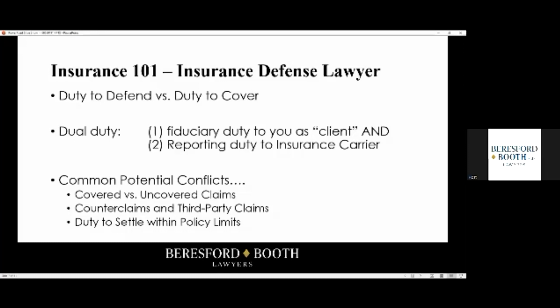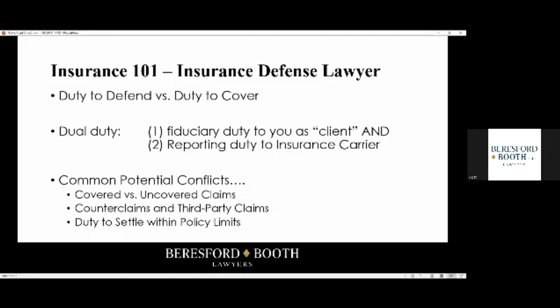I just went over covered versus uncovered claims. One thing to remember is that if someone slips and falls at your home, for example, that would typically be covered under your homeowner's policy. However, they might sue you, and in their lawsuit, they might say two things. They might say, I slipped and fell because John Doe doesn't repair the steps on his deck.